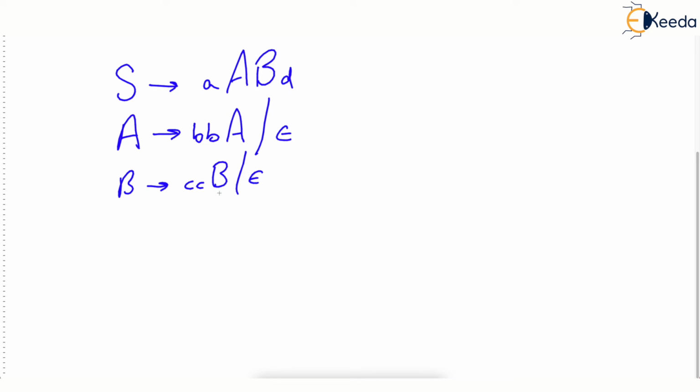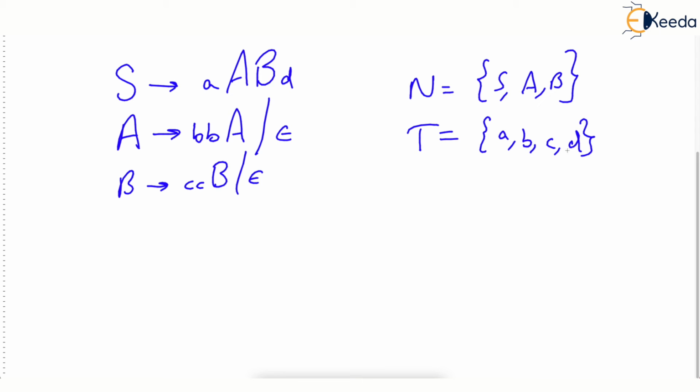That's it. Now this grammar has three non-terminals: S, A, B, and the terminals over here are A, B, C, D. And the productions: we have this as the first production here, this is the second, this is the third production, A derives epsilon is the fourth production, this is the fifth production, B derives epsilon. And as you see, this S is the start symbol.